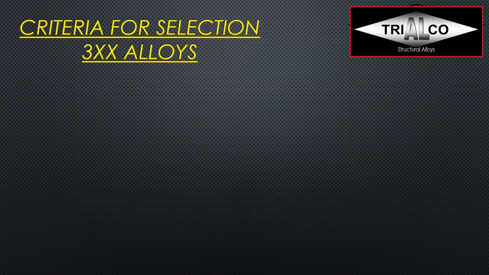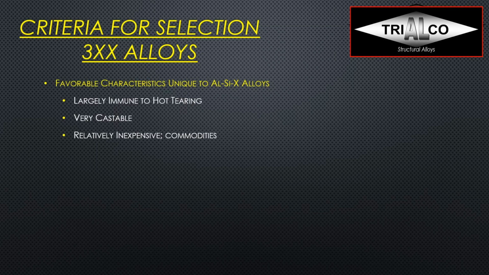So now let's look at the different alloy types, alloy families. If you watch the other introduction to Foundry alloy webinar, then this will partially be repetition for you, but we'll go through it very quickly. So 300 series alloys, we have to start with that because it's the workhorse of our foundry industry. They have very favorable characteristics, unique to aluminum silicon alloys.